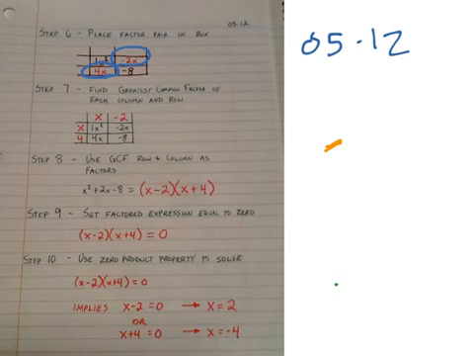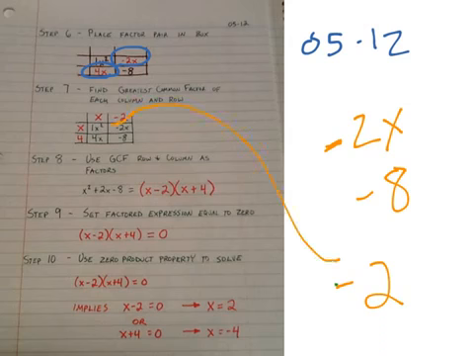Then we find the greatest common factor of negative 2x and negative 8, and that would be negative 2. So that goes right there.